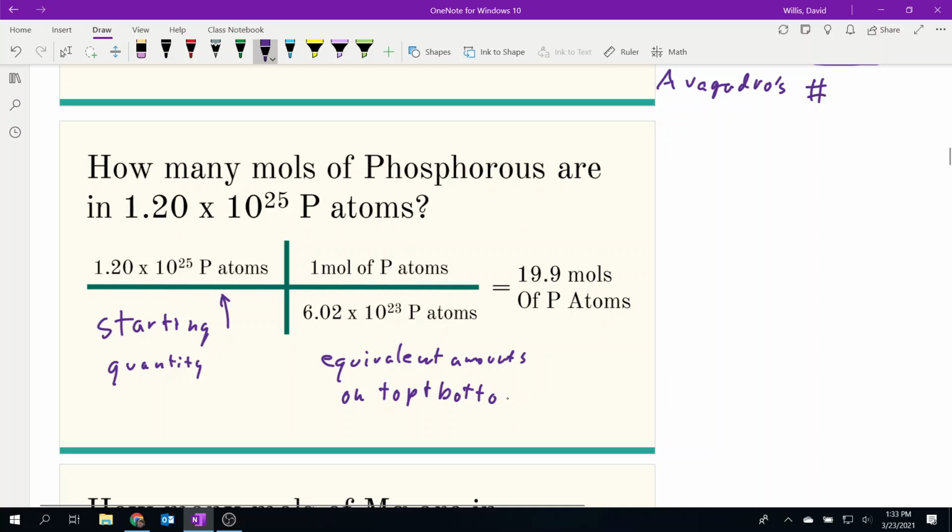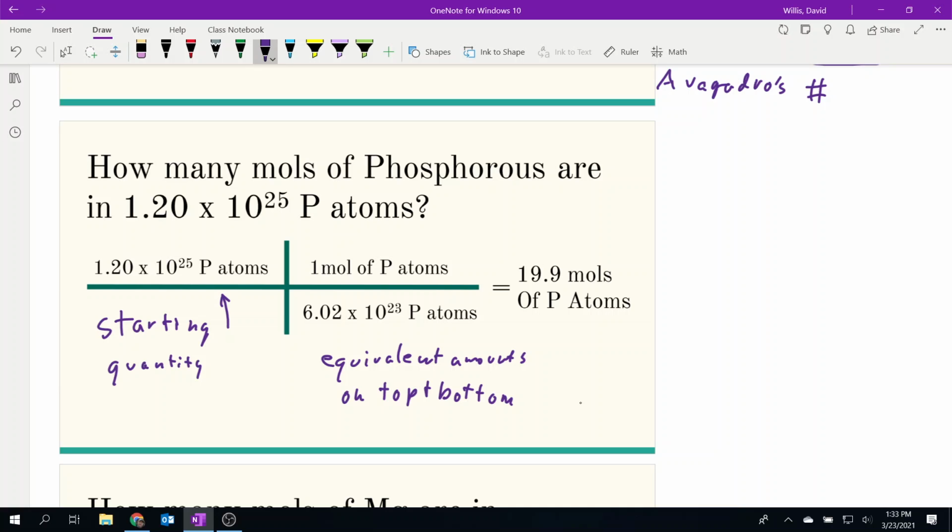And that's because if you have equivalent amounts, you are actually dividing by 1. If I have something divided by itself, that's a value of 1. And so when I multiply something by 1, I'm not actually changing its value, I'm just changing its unit. And so that's the reason that we are able to get away with that mathematically and have it still be legit.